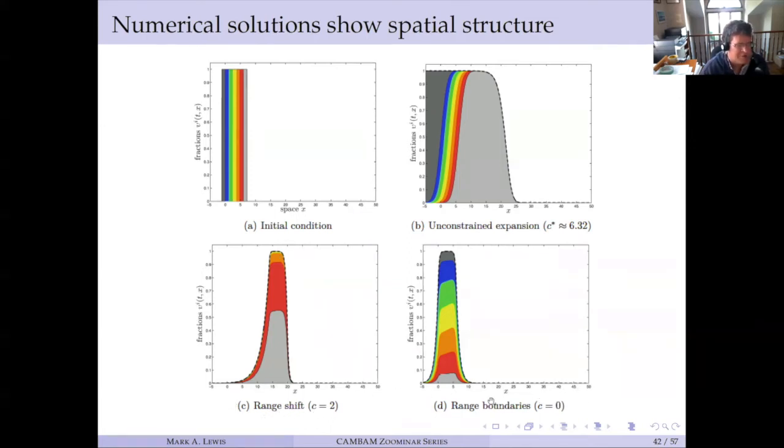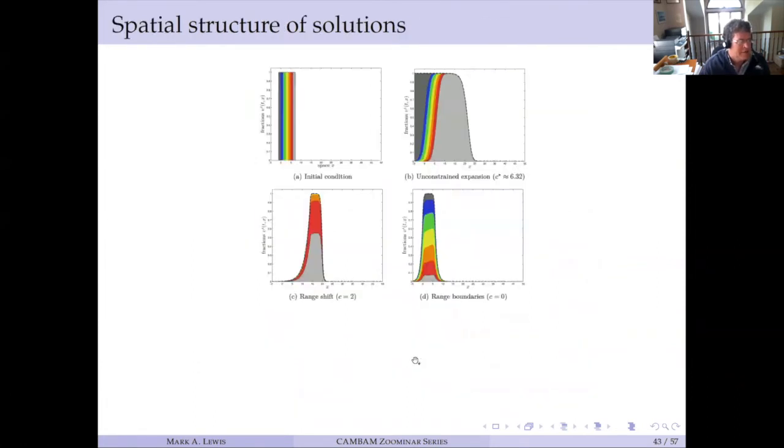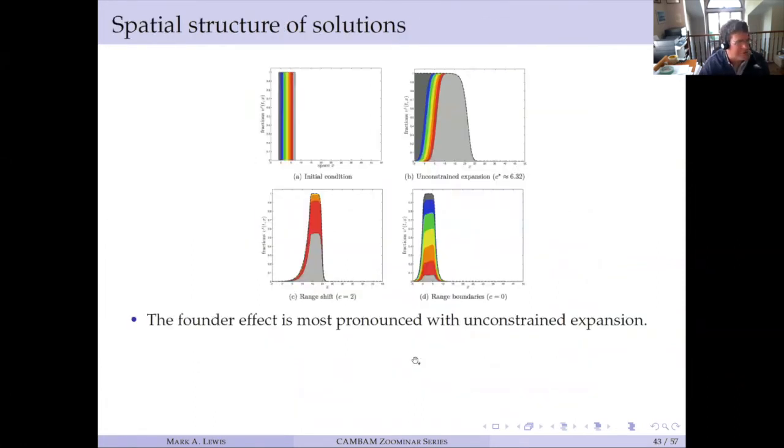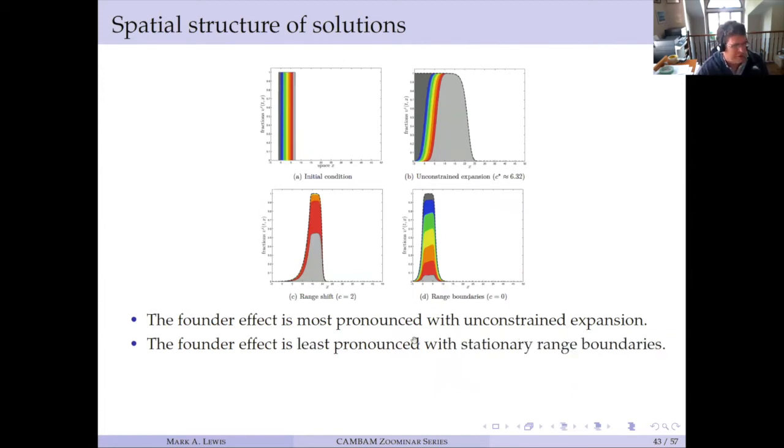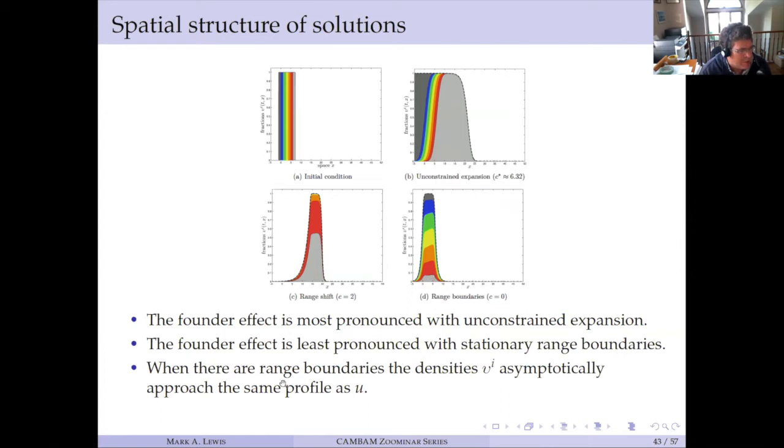And then when it's not shifting at all, it's just a stationary patch, then we see that after some period of time, the population seems to have all the different colors more or less equally. The founder effect is most pronounced with this unconstrained expansion, and it's least pronounced, from these numerical simulations, with stationary range boundaries. When there are range boundaries, it appears that the densities asymptotically approach the same profile as the wave.